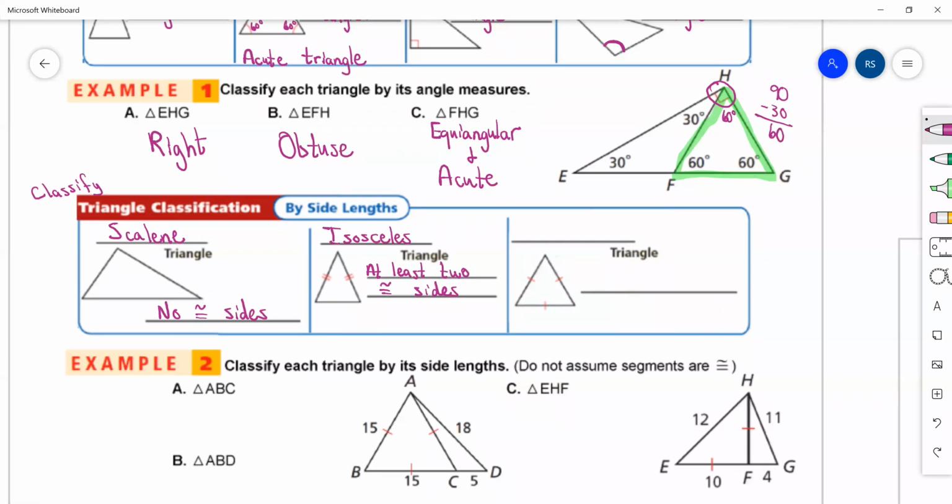And then the last one, all three sides congruent. So we have all sides are congruent. This is an equilateral triangle.